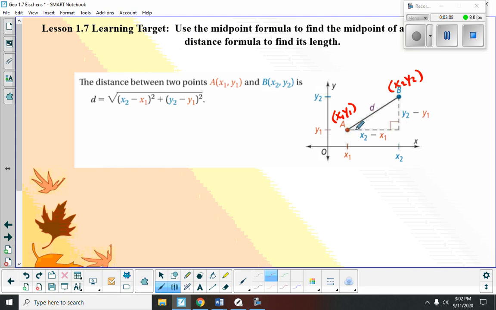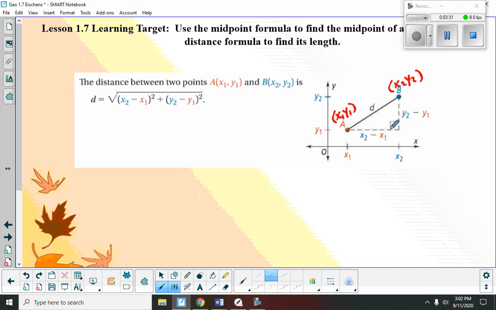And so this distance along here is x2 minus x1. To figure out the rise, we go from here to here, which is y sub 2 minus y sub 1. I'm just showing you how this is developed. Don't worry, you're never going to have to do this on a test, but just so you understand where we come up with the distance formula to find this length.